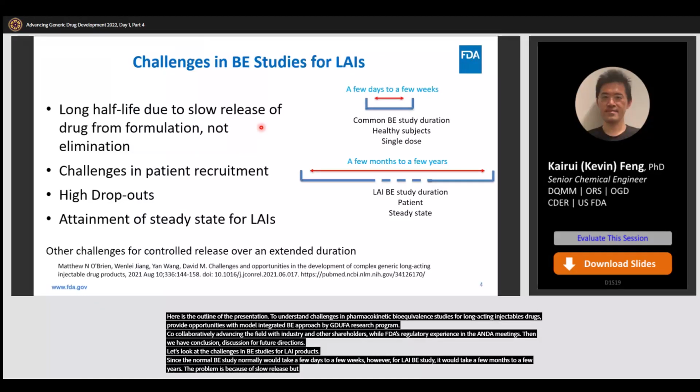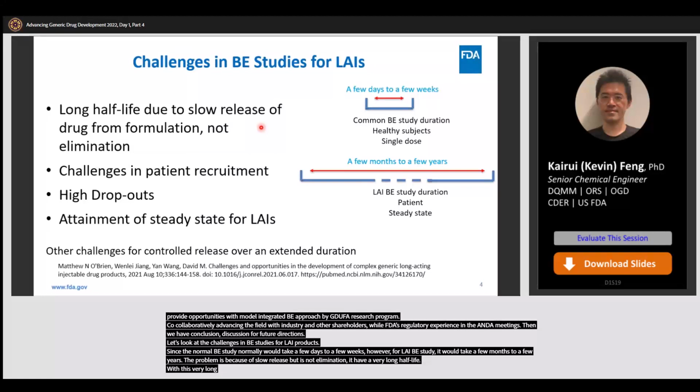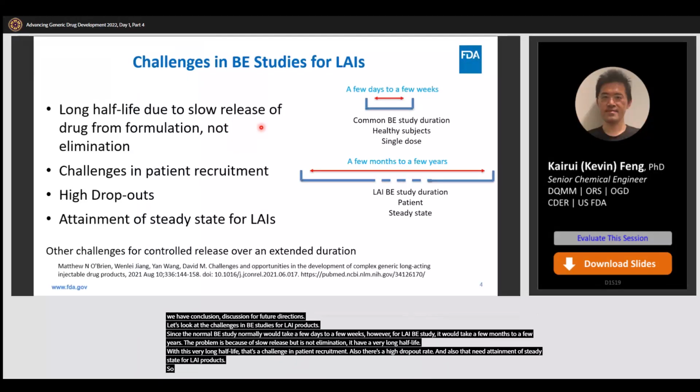With this very long half-life, there's a challenge in patient recruitment. Also, there are high dropout rates, and the need for attainment of steady state for LAI products. Another challenge is formulation release challenges, which are also listed in the publication below.